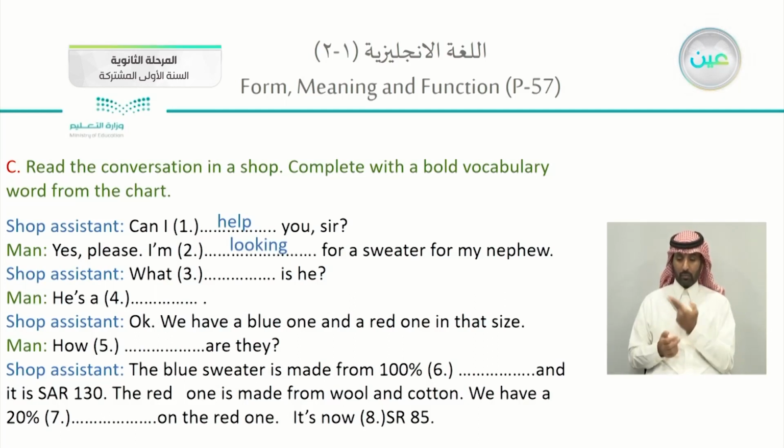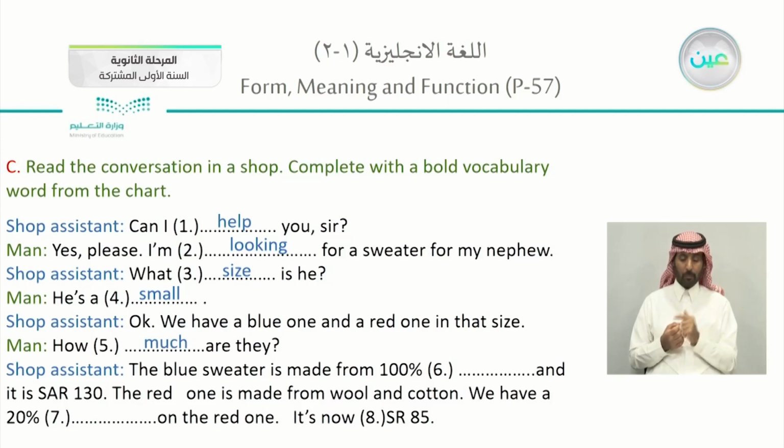The shop assistant replied, what size is he? And he would answer, he is small, size small. Maybe he would say his size 30, his size maybe 40. Shop assistant would say, okay, we have a blue and red one on that side. How much are they? We're speaking about the price.